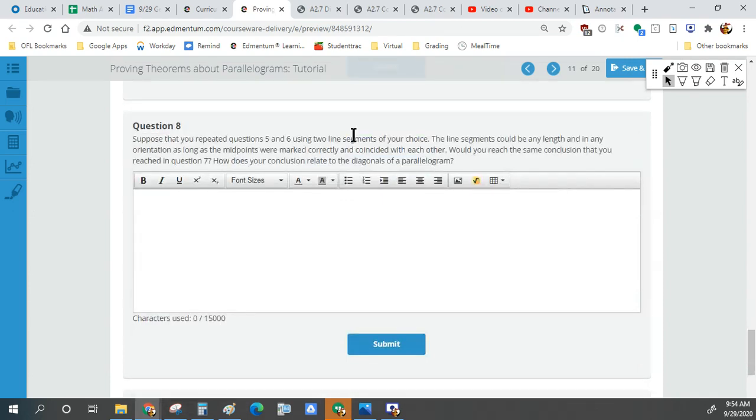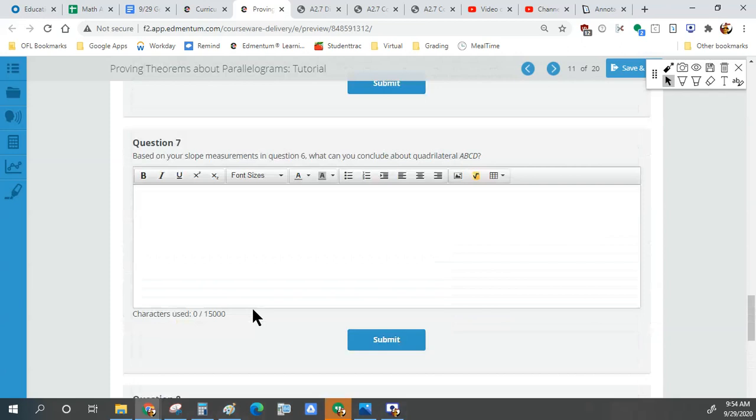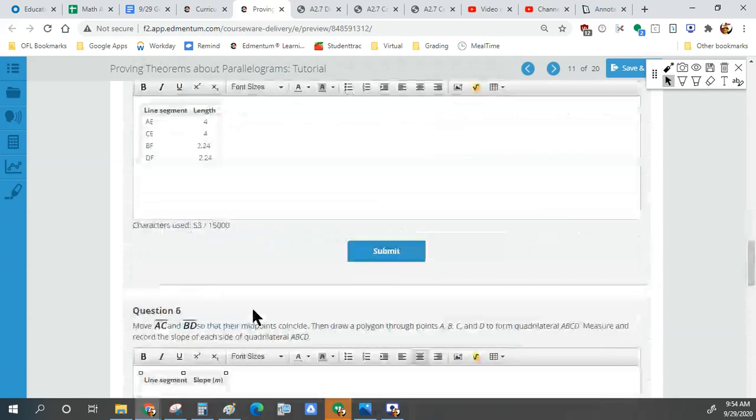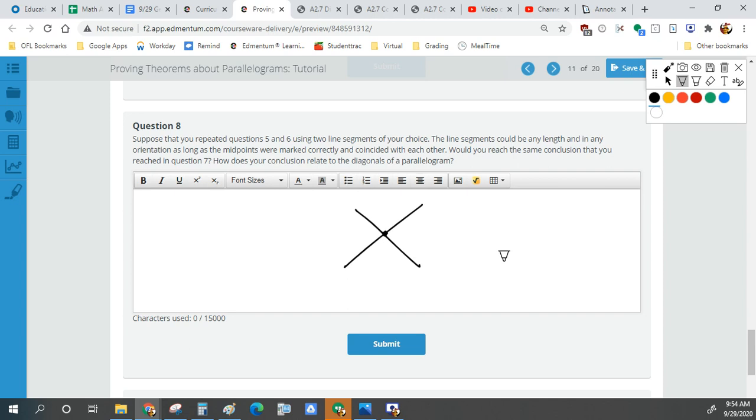Suppose that you repeated steps 5 and 6 with different segments. How would your conclusion be? So let's say I did this. I think it would still be the same. If I did this with any two bisected lines, so by bisected, again, I mean the midpoints are colliding, I could draw a parallelogram with the ends of the line segments.